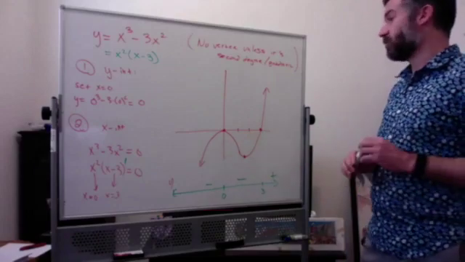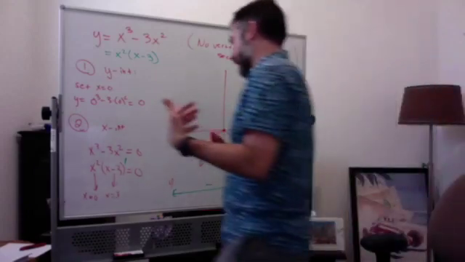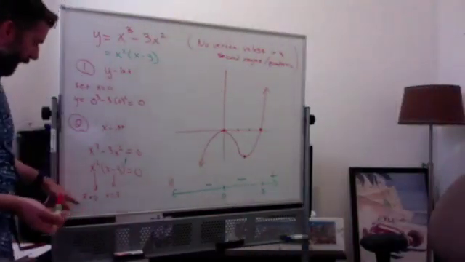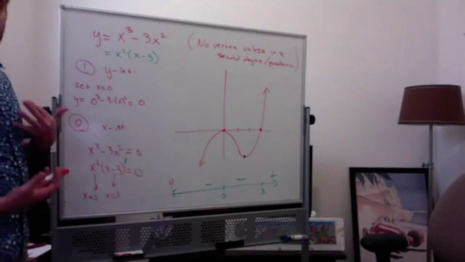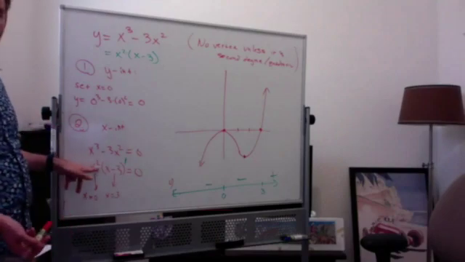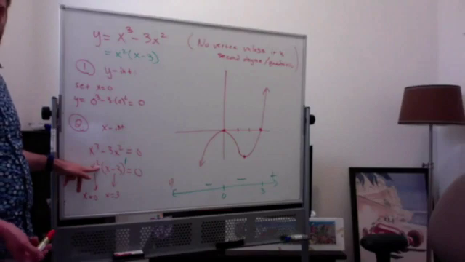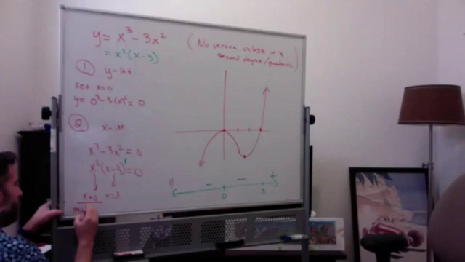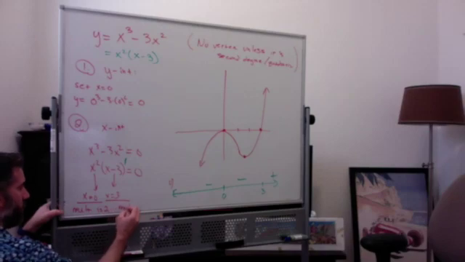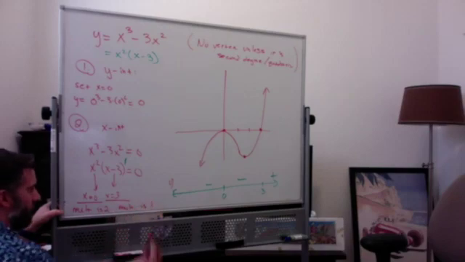Some of the words that I have not used yet: for x equal to 0, we would say the multiplicity of that x-intercept is just the power of the factor associated with it. So for x equals 0, the multiplicity is 2. For x equals 3, the multiplicity is 1.